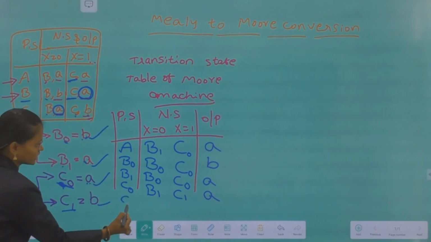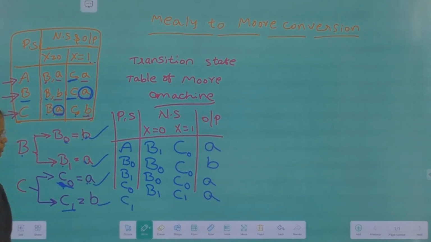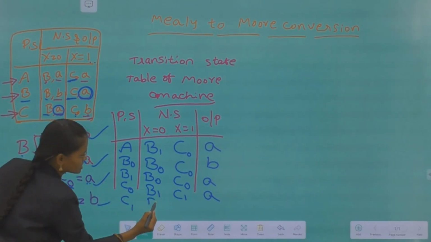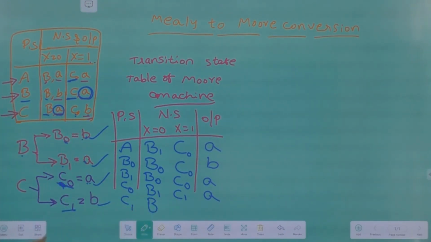And next C1. In C1, if x equal to 0, the next state goes to B. First write down the B. Here output is A. In B state, output is A. Here it occurs in B1 state.